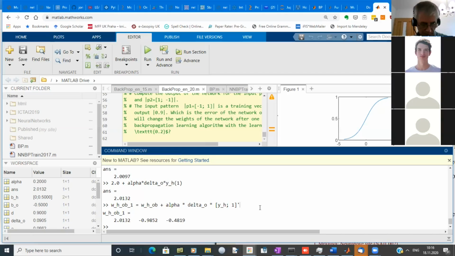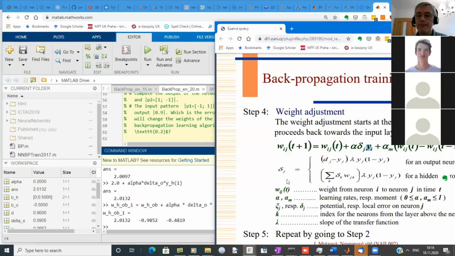This is the name for the backpropagation algorithm. And now we should compute the delta terms on hidden neurons. So from this formula, we need the second form to compute the delta terms on hidden neurons.